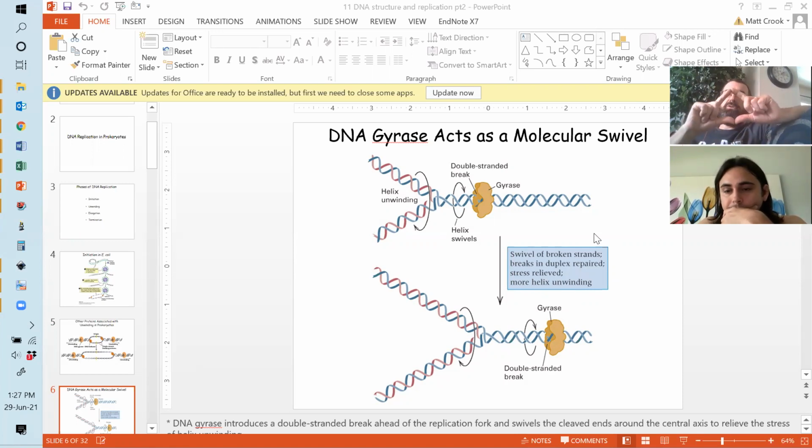Some also do a double-stranded break, which is a lot simpler to visualize. If you break the DNA, now you have a free end, and that free end is going to want to spin, and you just stick it back together again. Once it is, that energy has been released. On both replication forks, you have to have a DNA gyrase or topoisomerase moving ahead to release that supercoiling. Otherwise, you just get a scrunched up, tangled mess.